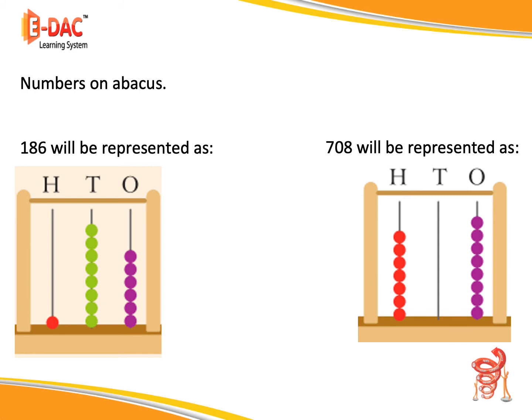Likewise, the tens digit is 0, therefore the tens spike will not contain any bead. The ones digit here is 8, and because of that the ones spike will contain 8 beads. That is how we can successfully represent these two 3-digit numbers on abacus.